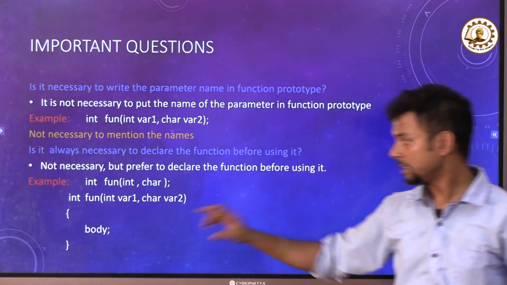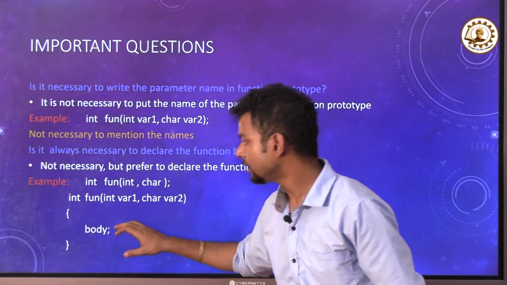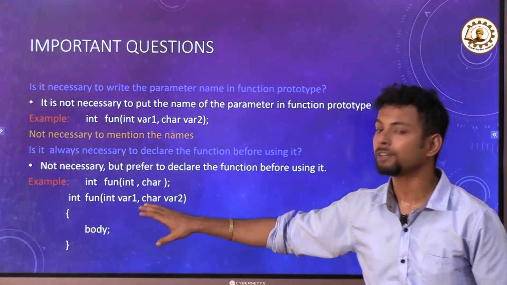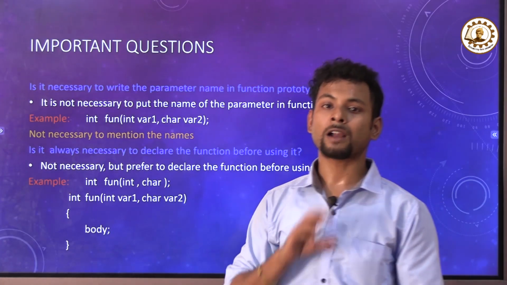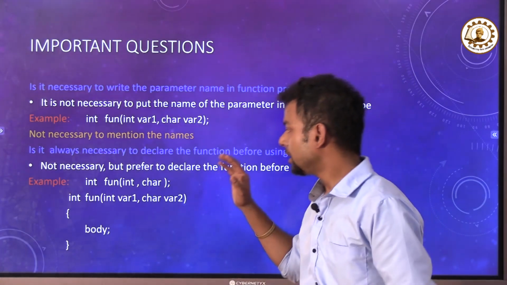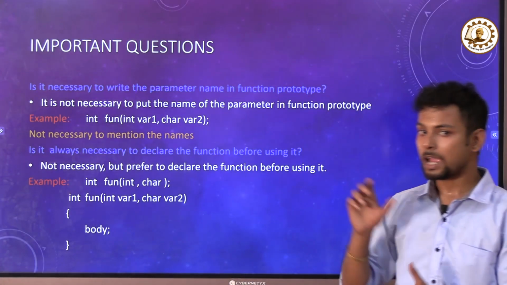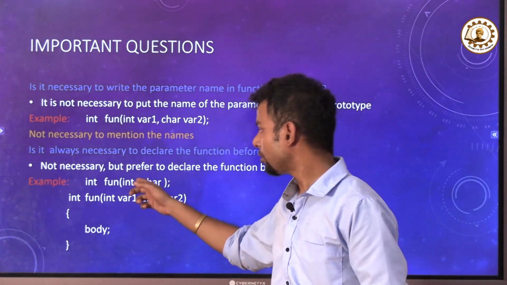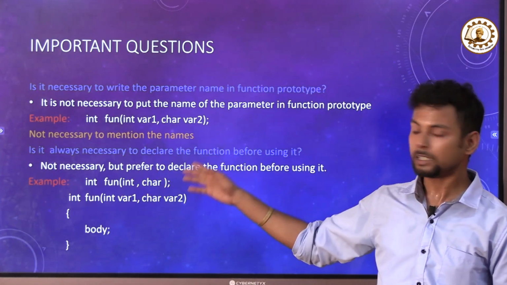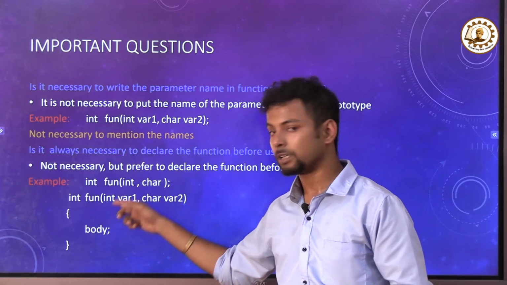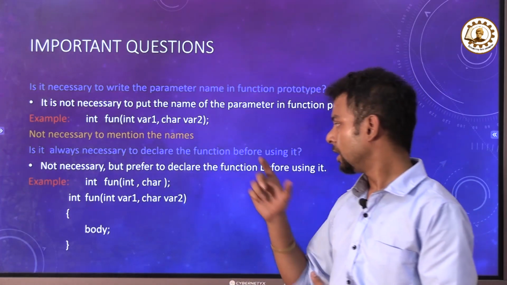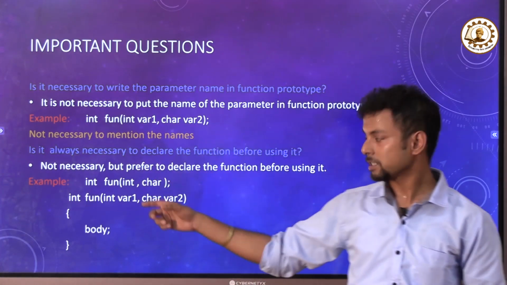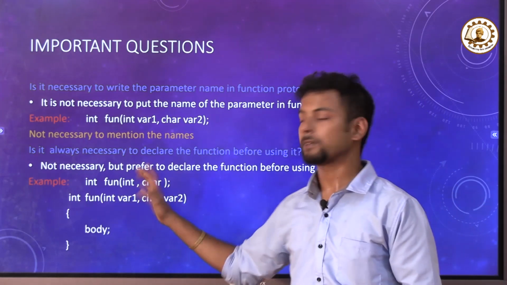Since this is the body of the function, we are defining the function here. In the function definition, it is always compulsory to write the names of those parameters. Whenever you are declaring, you can omit the names. But whenever you are defining the function, you must give the names of those parameters.